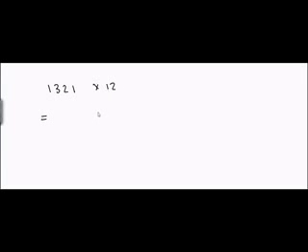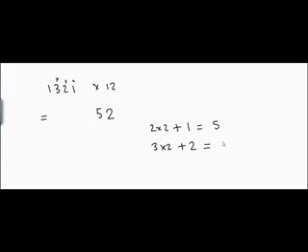Then I go to the other number, so this is 3 into 2 plus the number on the left, that is 2, so 3 into 2 is 6 plus 2 is 8, so your answer is 8 here. And then you go to the next number 1, so say 1 into 2 plus the number on the left, that is 2 plus 3, that is 5. I'll say 5 here and then 1 in the end, so that is your answer.